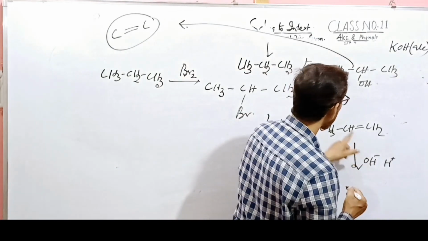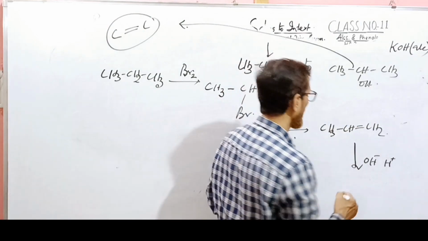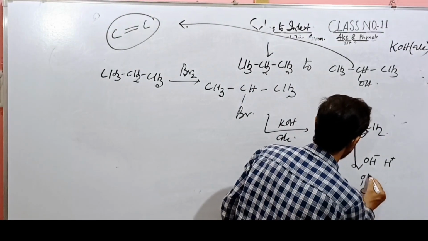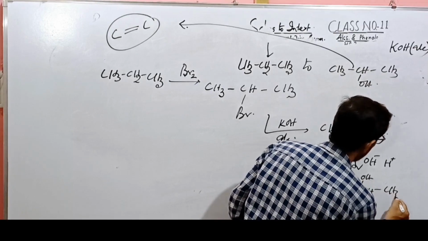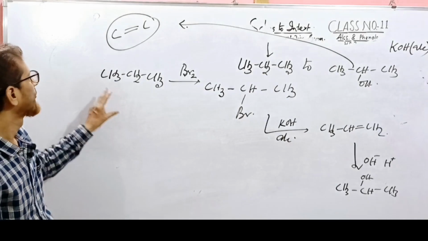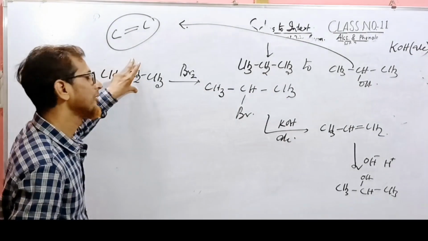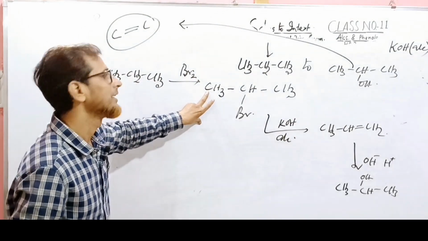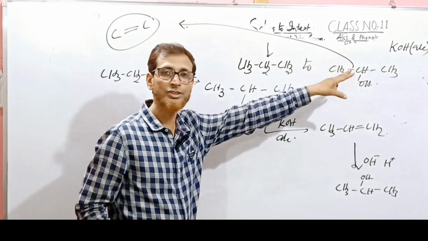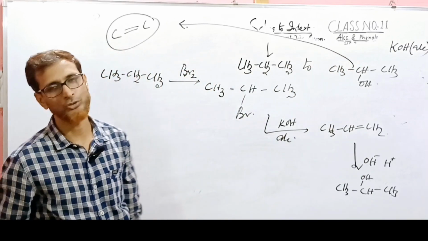The negative part gets attached to that carbon having fewer hydrogens on the double bond. So we will get CH3 CHOH CH3, and our mission is fulfilled. Beforehand you can't think this. If there is an alkane, make it an alkyl halide. If there is an alkyl halide, make it an alkene by alcoholic potassium hydroxide. When there is an alkene, hydrolyze it with acid.